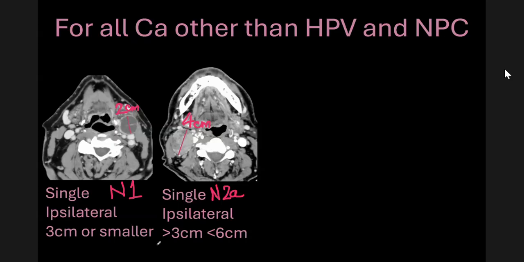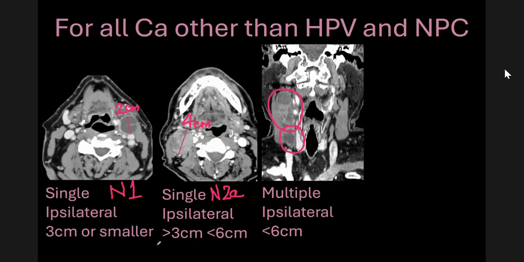Then if you see multiple ipsilateral lymph nodes, multiple lymph nodes on the same side as the cancer, but all the lymph nodes are less than 6 centimeter, then that is N2B staging.